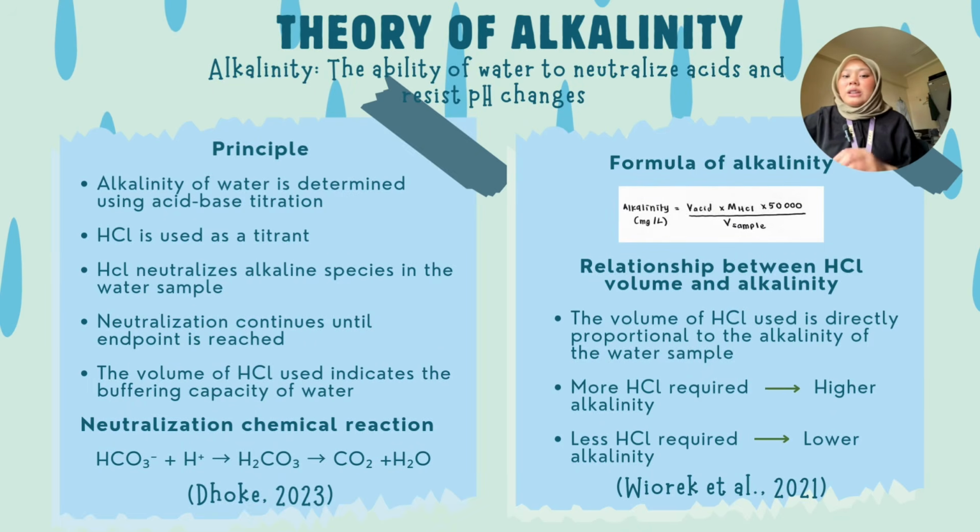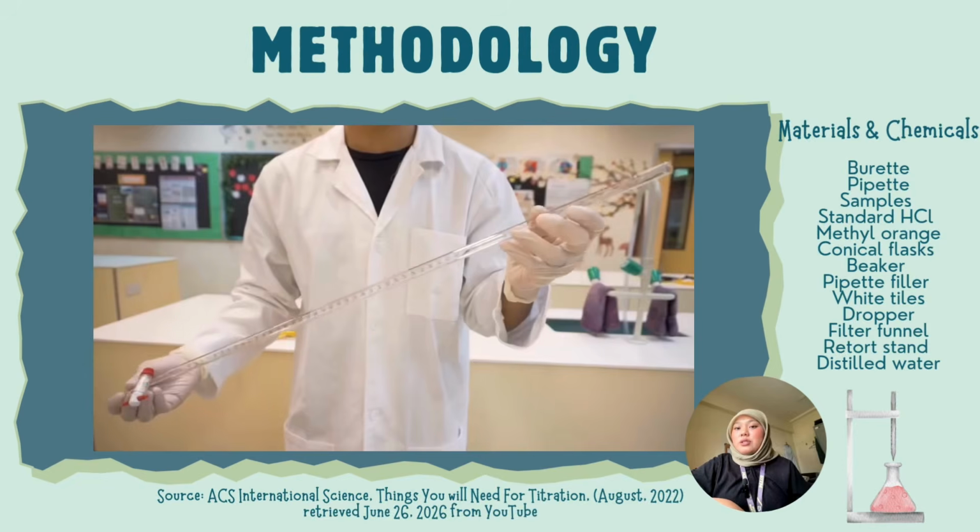The main reaction is HCO3- plus H+ producing H2CO3, and then producing CO2 plus H2O. The alkalinity is then calculated using this formula. The volume of HCl used is directly proportional to the alkalinity, meaning more HCl indicates higher alkalinity, while less HCl indicates lower alkalinity.